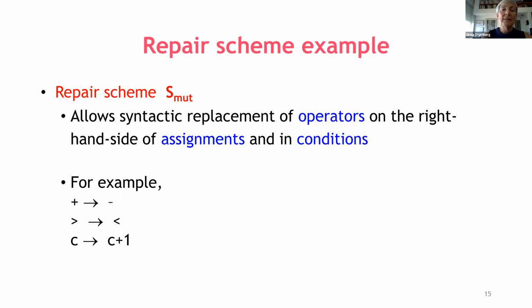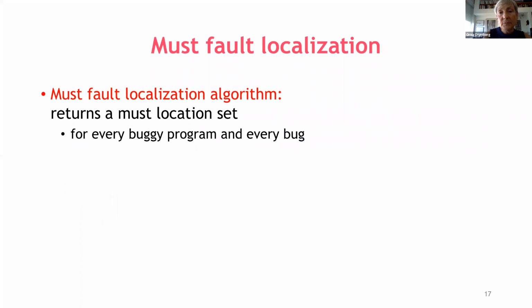For instance, in this talk, we will mainly deal with a repair scheme called Smut, for mutations, which allows syntactic replacement of operators on the right-hand side of assignments and conditions. So for instance, we can replace a plus by a minus, a greater than with a smaller than, a constant C with a constant C plus 1, and so on.